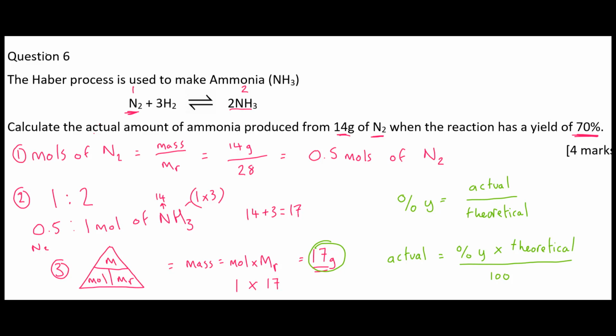If we put those numbers in, the percentage yield is 70. The theoretical amount is 17. 70 times 17, and then divide it by 100, gives us 11.9 grams.